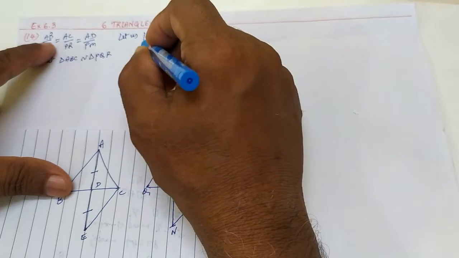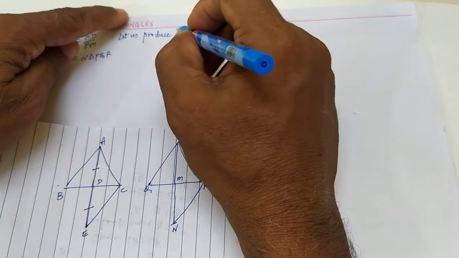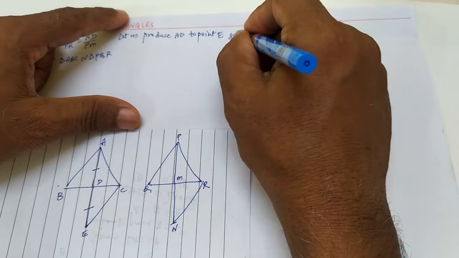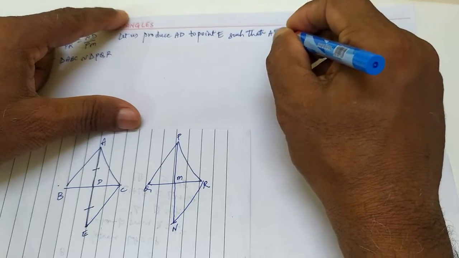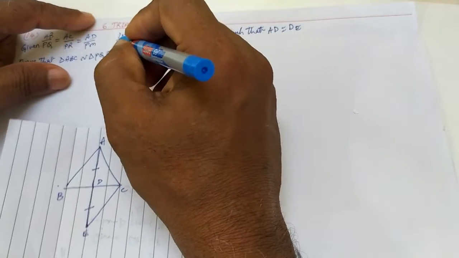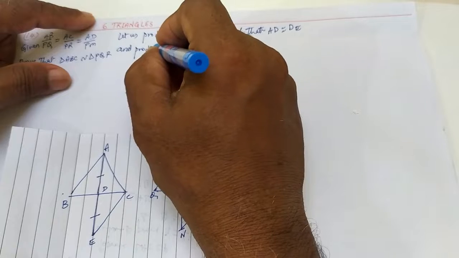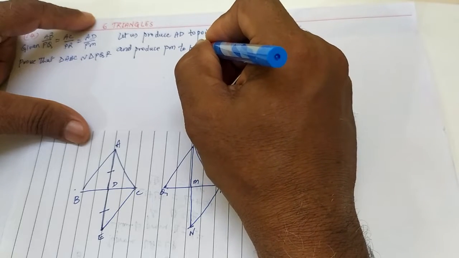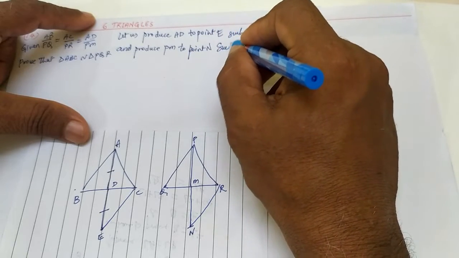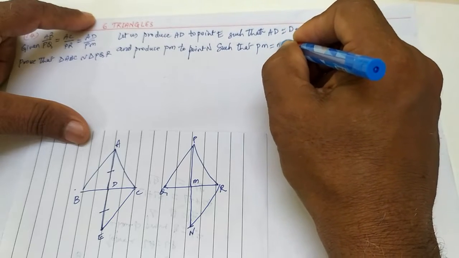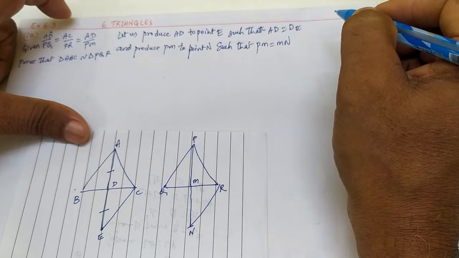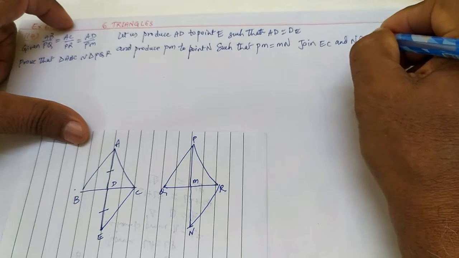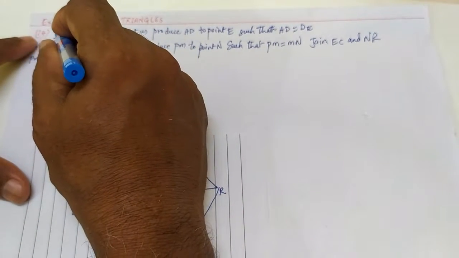Let us produce AD to point E such that AD is equal to DE, and produce PM to point N such that PM is equal to MN, and we will join these two points: join EC and NR.